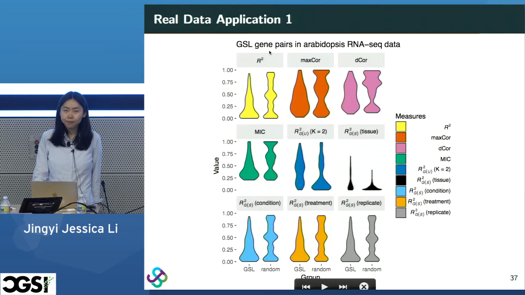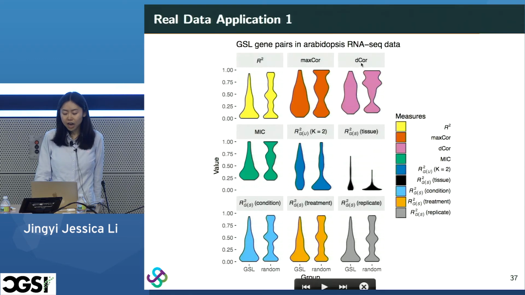Therefore, if a measure is meaningful, it should have a distribution skewed towards higher values for the GSL pairs than random pairs. However, if we compare R-square, maximal correlation, distance correlation, and MIC, we see that they all have higher values for random pairs than the GSL pairs.